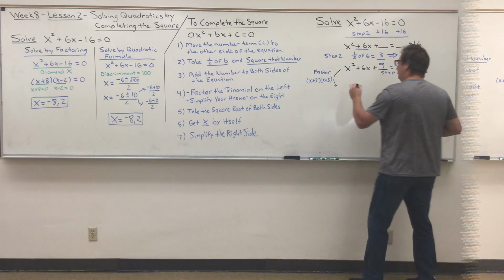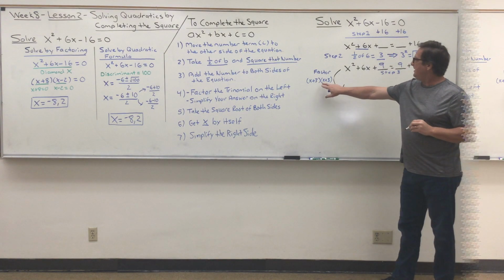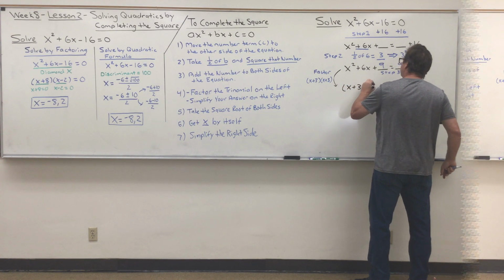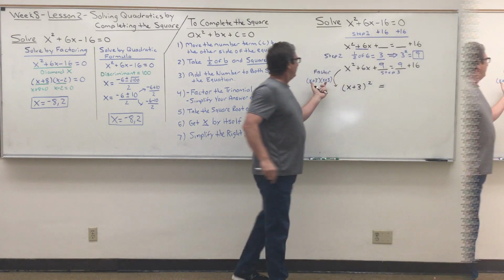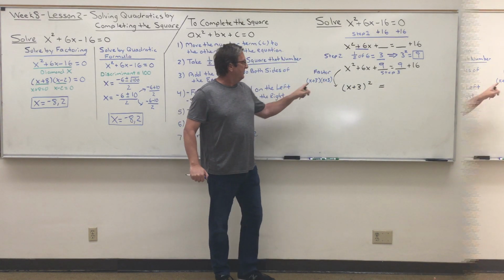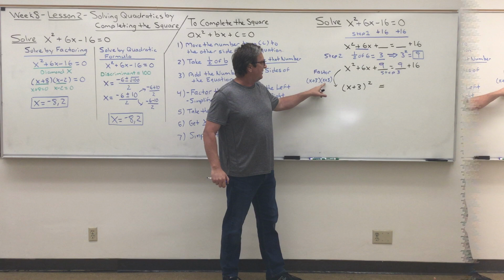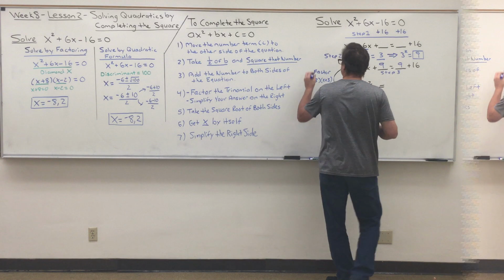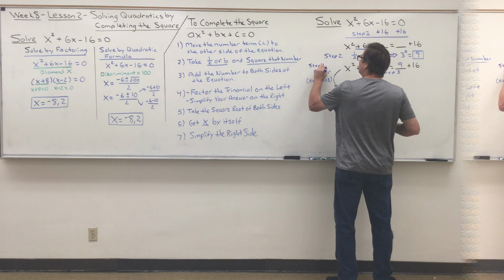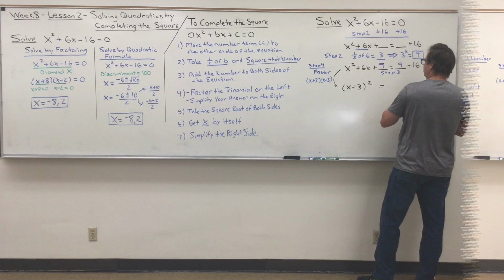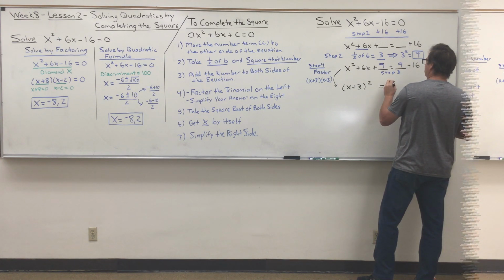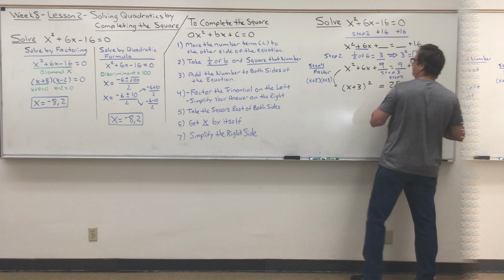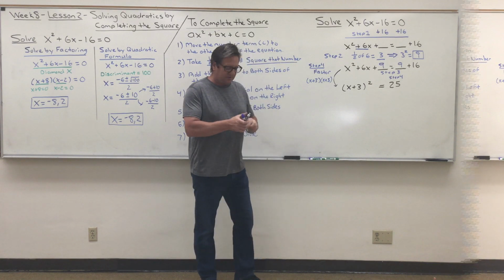And watch what's going to happen here. I'm not going to write x plus 3 and x plus 3. Just like x times x is x squared, x plus 3 times x plus 3, we could write as x plus 3 to the second power. Okay? So step 4 is done.